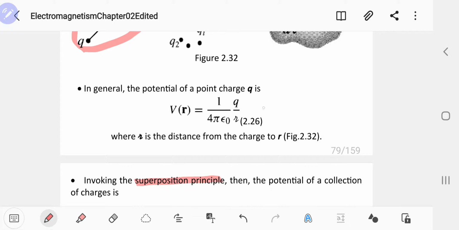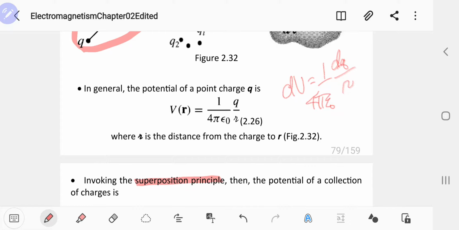By the way, here you notice that V is equal to that, and actually if you have a charge that is very small, say for example dq, then your electric potential given by dq is just dV equal to 1 over 4 pi epsilon sub o, dq over r.